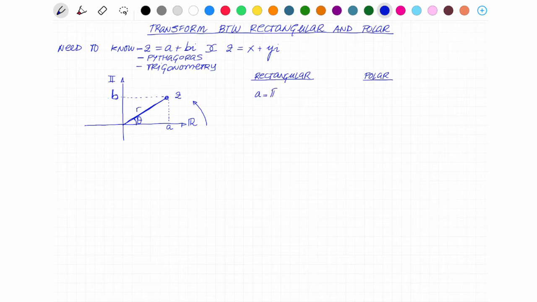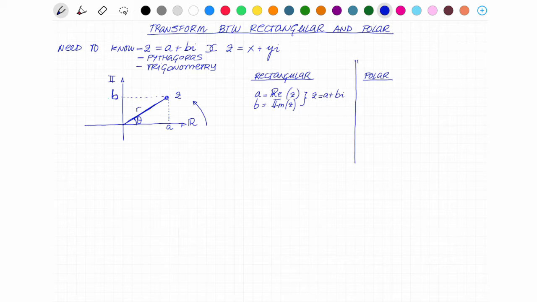Rectangular form is the one in which I call A the real part of the number and B the imaginary part of the number. So we refer to it as a plus bi.